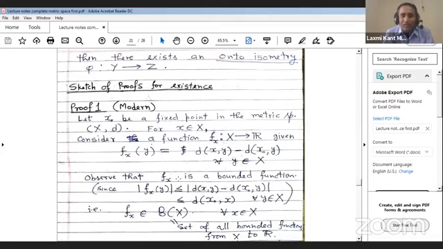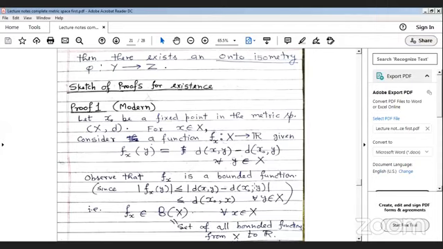This must be less than or equal to the modulus of d(x, y) minus d(x naught, y). Using the triangle inequality, we can manage that this is less than or equal to the distance between x naught and x for every y belonging to X. So f_x is a bounded function from X to R. That means it is a member of B(X), where B(X) is the set of all bounded functions from X to R.